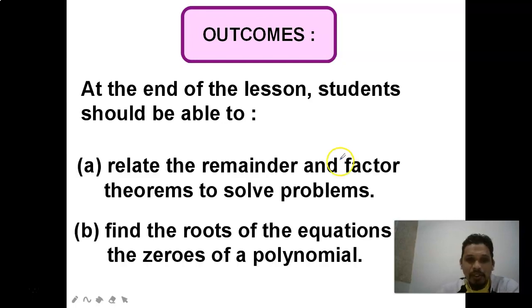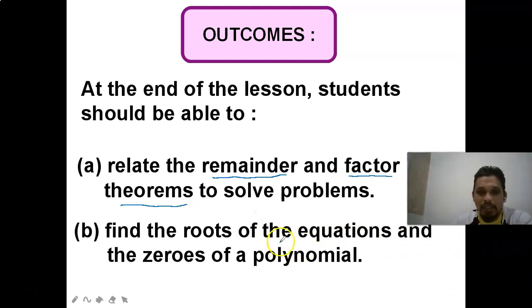We're going to look at the key of this subtopic: relate the remainder and factor theorems to solve the problems. And the next is to find the roots and the zeros of the polynomial.